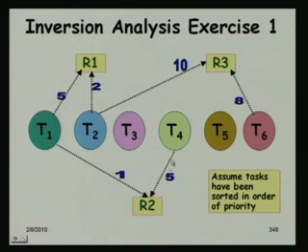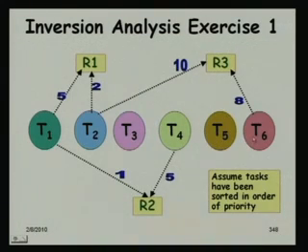So, it will undergo 5 due to T4. What about T3? It will not undergo avoidance inversion because it does not need any resource. What about T4? T4 will undergo inversion due to T6, because T6 is holding R3 and T4 is prevented from locking R2. What about T5? T5 does not need any resource.